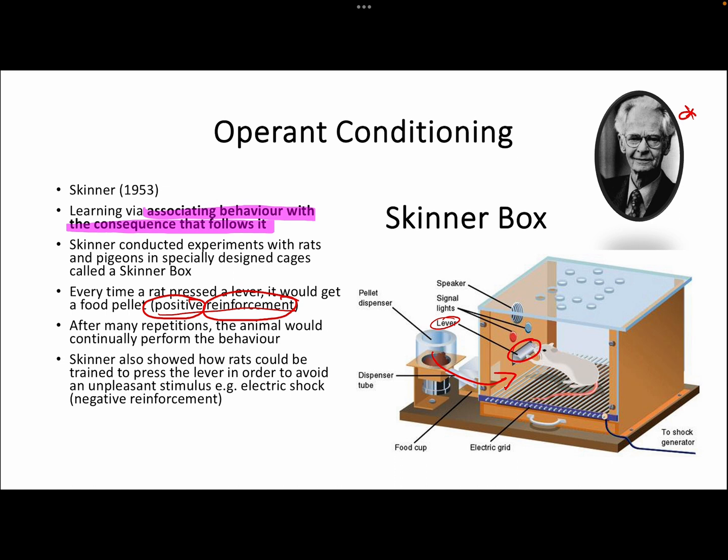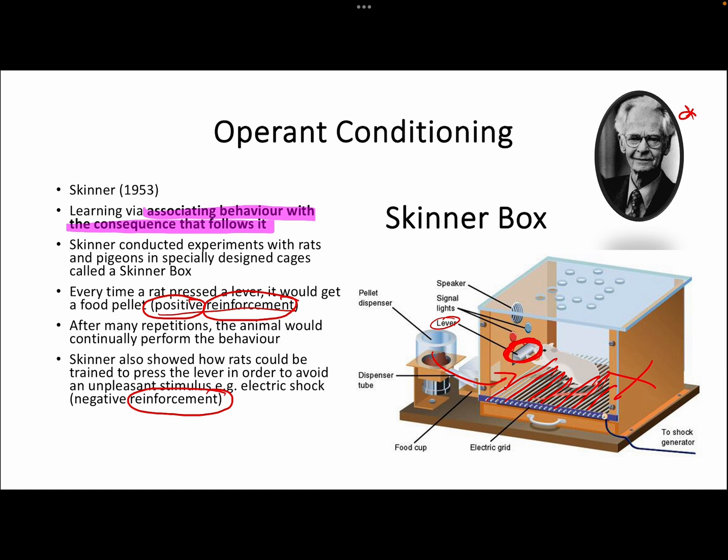Or, actually, we could have the rat press the lever, and this time the electric floor, which was electrocuting the rat, is now switched off. So this is an example of negative reinforcement. Reinforcement because that lever pressing behaviour is more likely to continue.